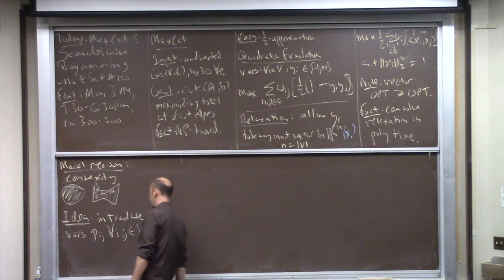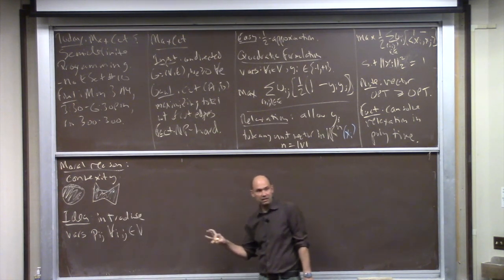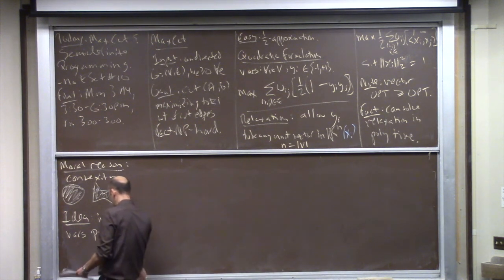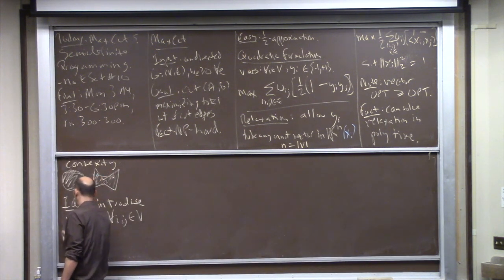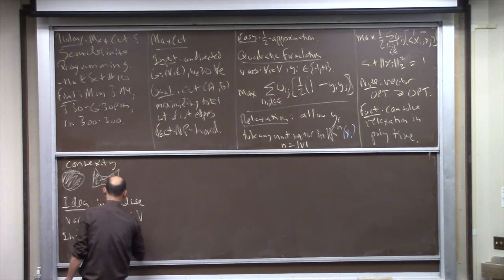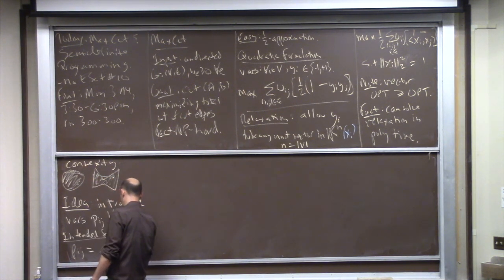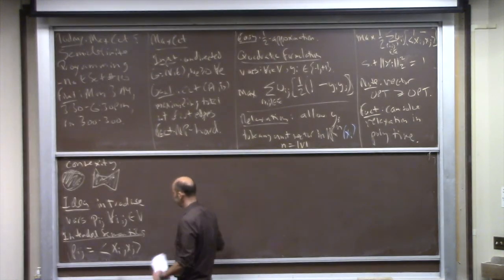This is for every pair of vertices, whether they're connected by an edge or not. So we're going to have Pij's, and the intended semantics is for Pij to be equal to the corresponding dot product, the inner product of xi and xj.